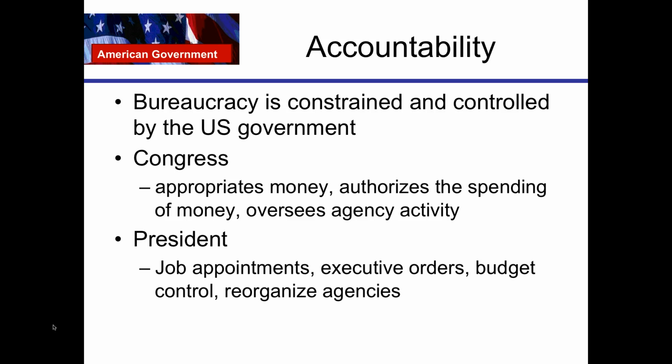The president makes those top job appointments, issues executive orders, controls the budget, and reorganizes agencies. So the president has a great ability to influence the federal bureaucracy as well. So Congress and the president make sure that the federal bureaucracy does what it needs to do.